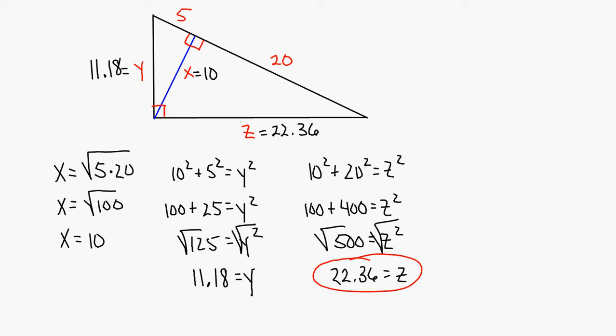Alrighty then. Let's see. The last type of problem is when you're going to be given the length of the altitude, but you don't know the length of one of the two segments.